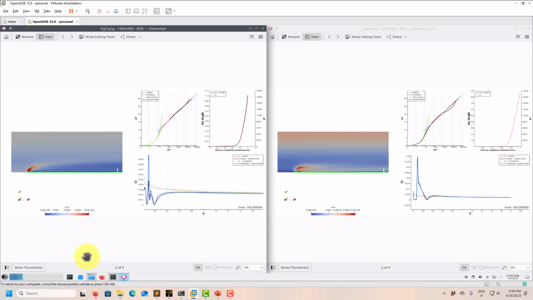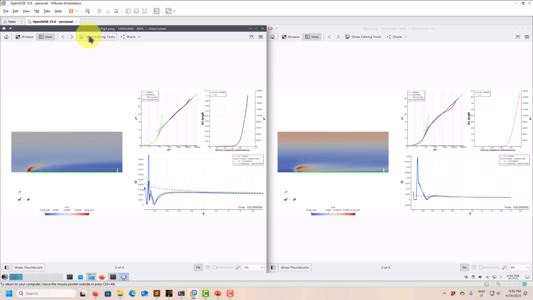As we look here, we can immediately see that V2F, which is a very good model with extra equations, is also smearing, or diffusing, that fluctuation. We don't see that fluctuation here. Even though it is a good model, with extra equations and some effects from the Reynolds stresses, it's not capturing that.